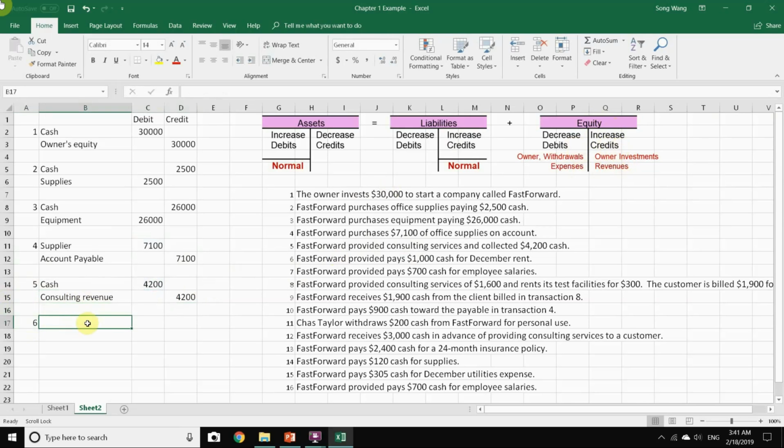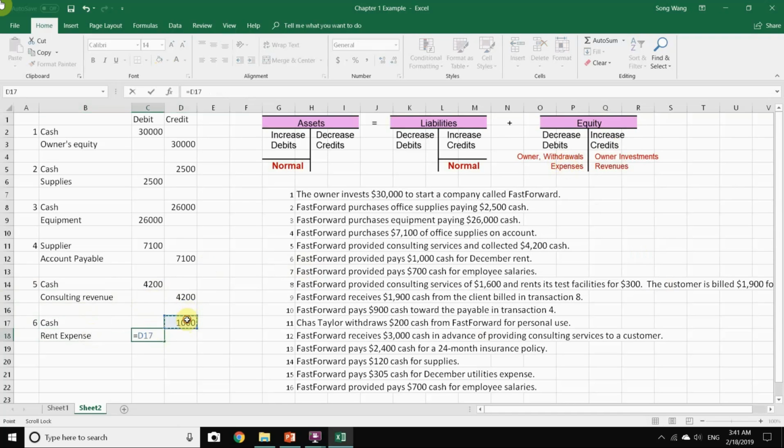Okay, number 6, the company provide $1,000 cash for rent. All right, so that's an expense when you pay rent. So what happened to your cash is there is a deduction of 1,000, and also there's a rent expense being recognized here, and the rent expense right here is a decrease for equity, so that's a debit.